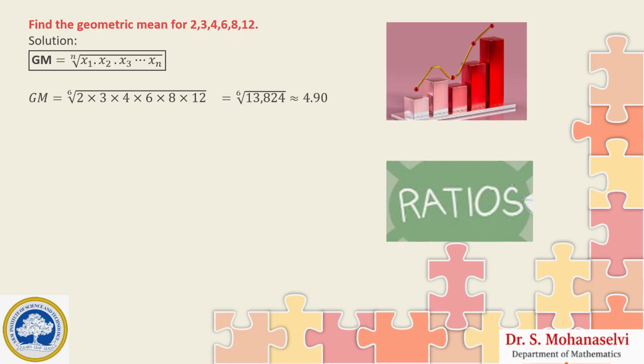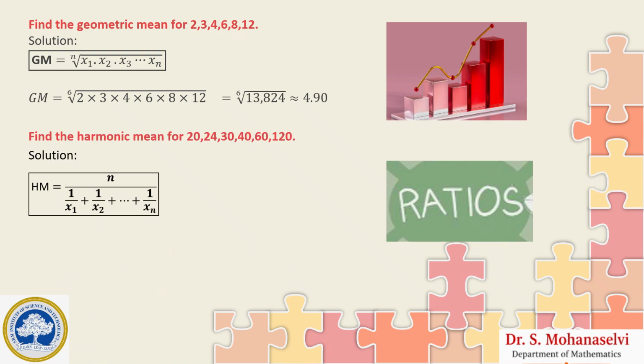Now let us see an example for a harmonic mean. Find the harmonic mean for 20, 24, 30, 40, 60 and 120. Using the formula, HM is equal to n divided by the sum of the reciprocals of the observations.